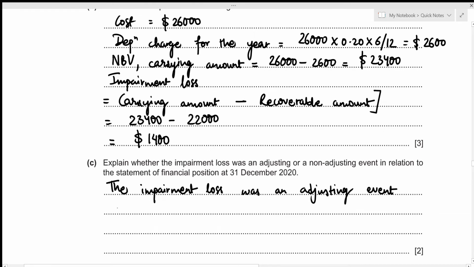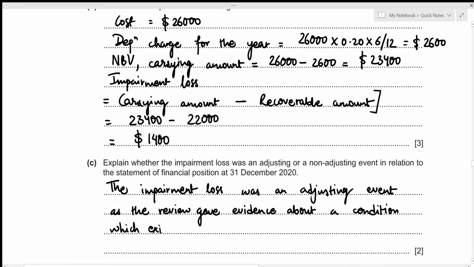As the review gave evidence about a condition which existed at the year end. This concludes the third part. Now we can move to the fourth one.